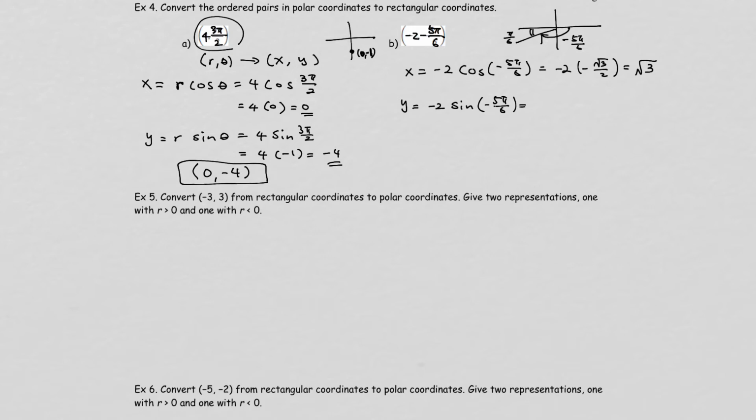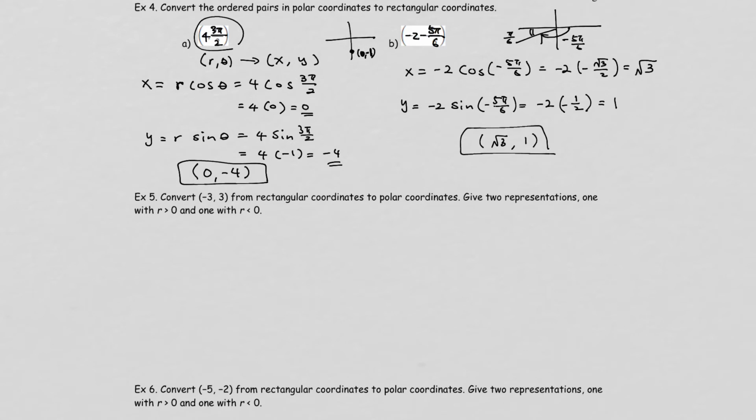That will be negative 2 times sine of pi over 6, which is 1/2, but it's in the third quadrant, so it will be negative. That gives you 1. So the rectangular coordinate points for that polar point are square root of 3 and 1.